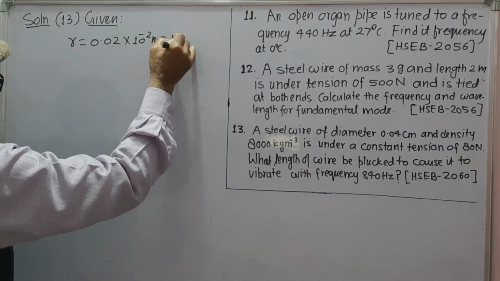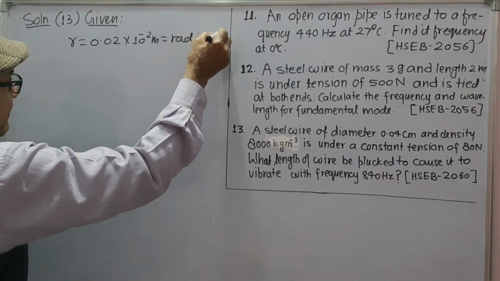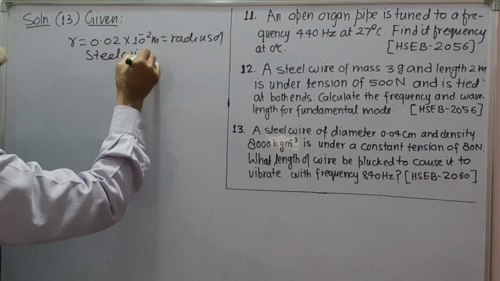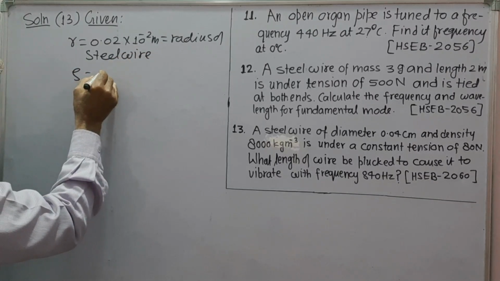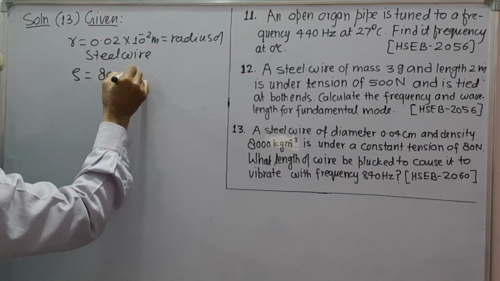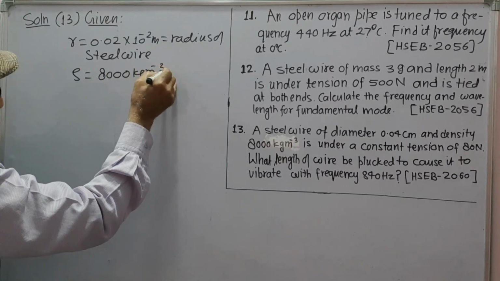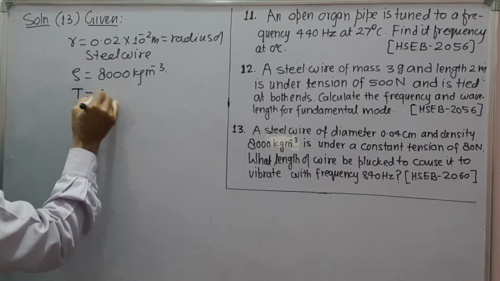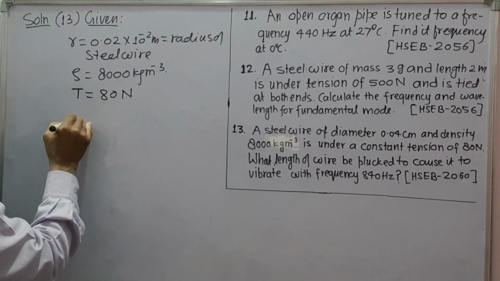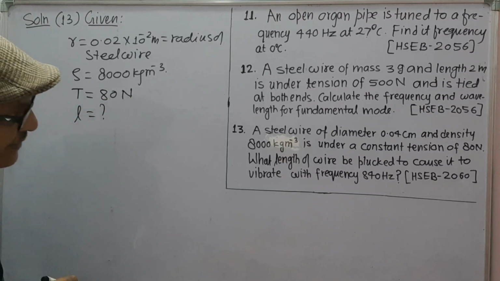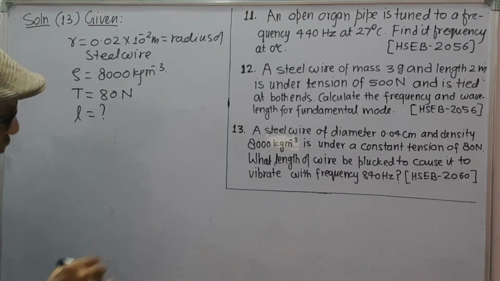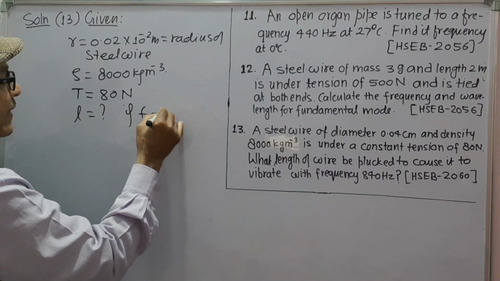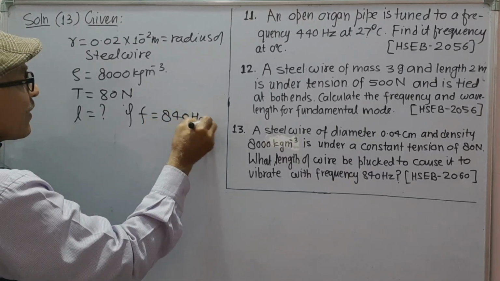This is radius of steel wire. Density 8000 kg per meter cube. Constant tension 80 Newton. Length required to vibrate with frequency, if frequency is 840 Hz.